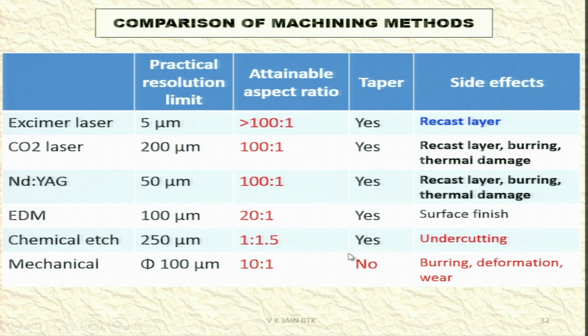Taper, almost in all cases taper is obtained except mechanical one. Side effects: excimer laser recast layer, CO2 laser recast layer, burring, thermal damage, recast layer, burring, thermal damage in Nd:YAG laser also. Surface finish is poor in case of EDM. Undercutting, definitely recast layer is there in EDM, and thermal damage is also there in EDM, which is not written here. Chemical etching, undercutting is there, but there is no thermal damage, no recast layer.